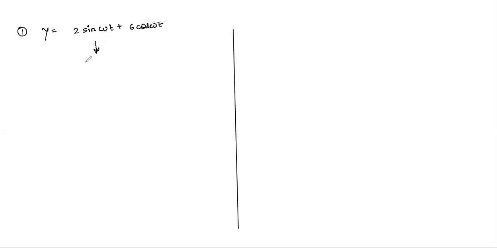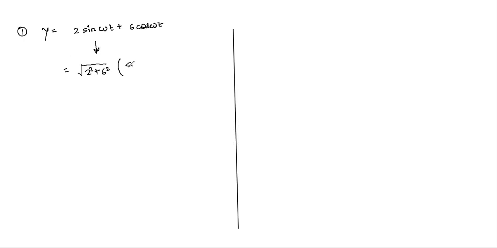Yes, Anukriti, can you try? What will we do? Even if you're wrong, no issues. Yes, try. Root of a square plus b square, that is under root of 2 square plus 6 square, correct?